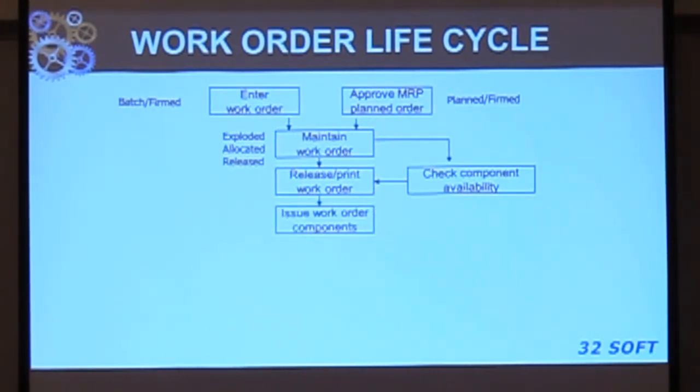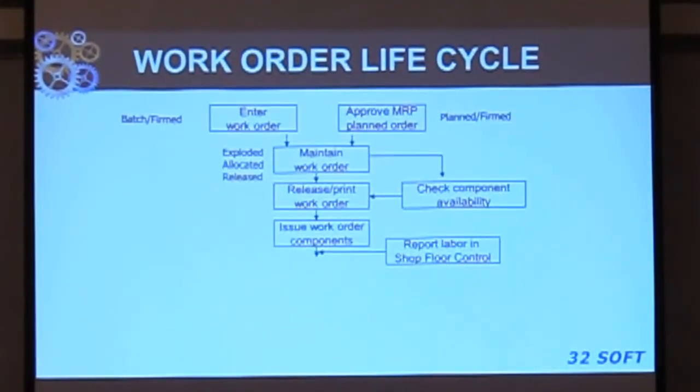Then you use 16.10 work order component issue to actually issue components to the work order. Then you report labor in shop floor control. We'll look at 16.20.1, 2, and 3. Then you receive that work order, so you've added material, you've added labor, and now the work is complete. So you're going to take that assembly out of work in process and put it back into inventory.